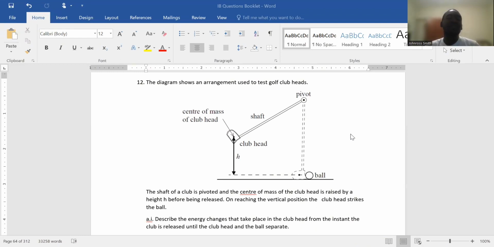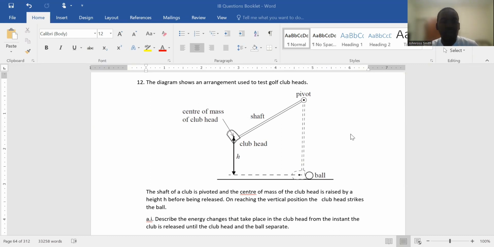Now, today's lesson, we'll be looking at the calculation aspect of last week's lesson, where we looked at energy, power, and work. Now, we're going to do one question that utilizes the principles that we explained in last week's lesson. This question states that the diagram shows an arrangement used to test golf club heads.